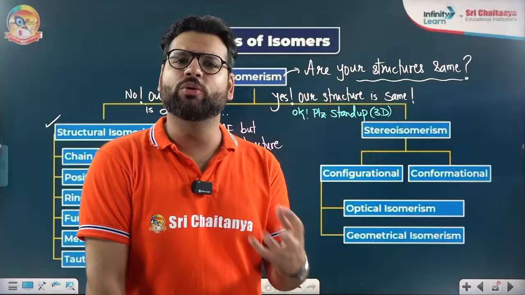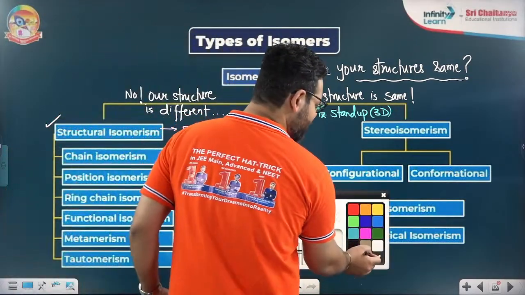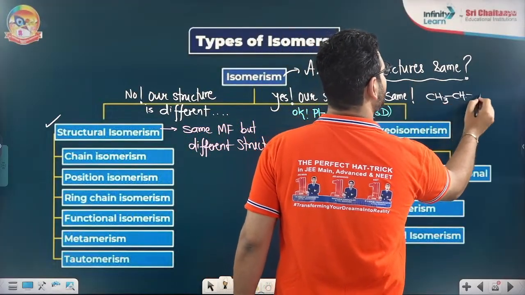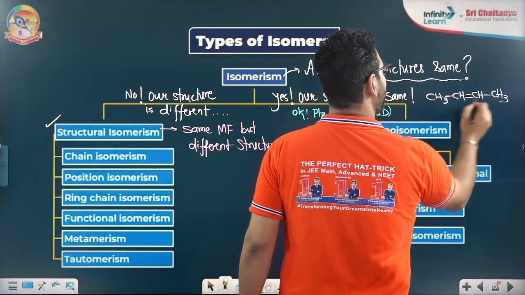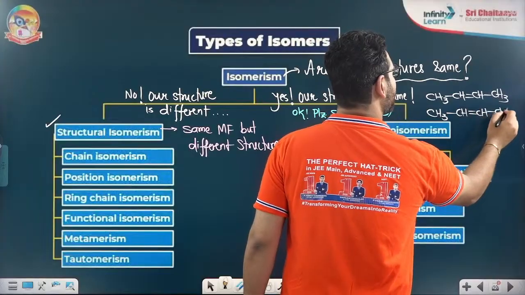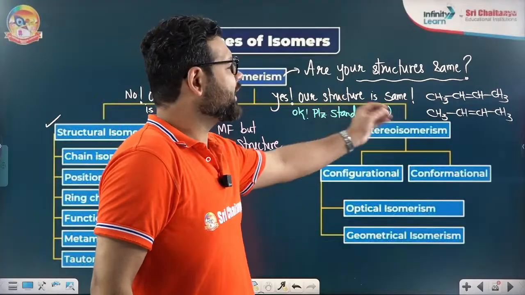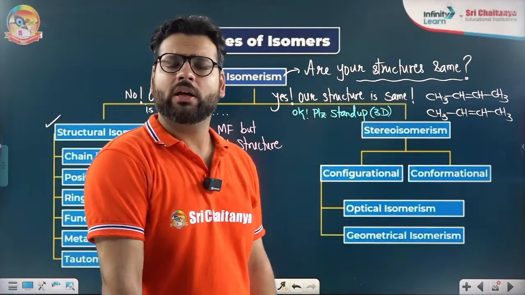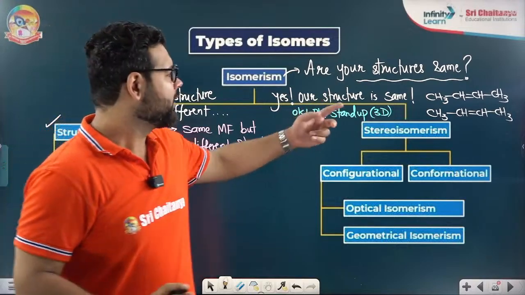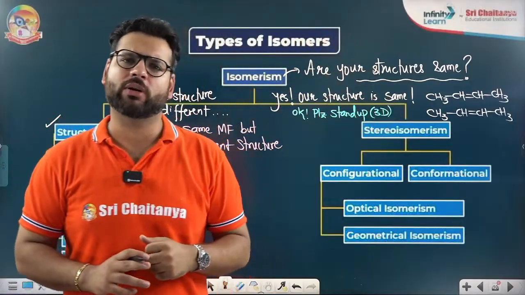For example, take but-2-ene. Let's say I have written these two molecules on the notebook. Both molecules look exactly the same. When they are written on the notebook, they say our structure is the same, but I checked their boiling points. One had a high boiling point, the other a lower one.